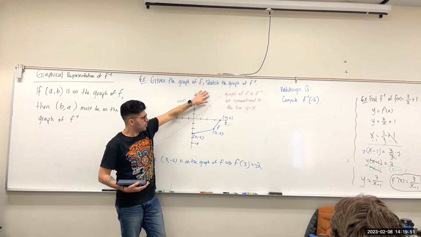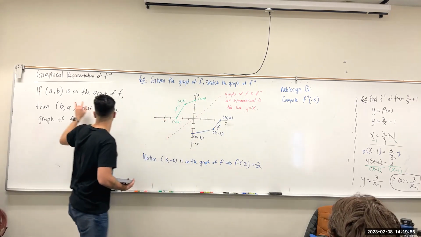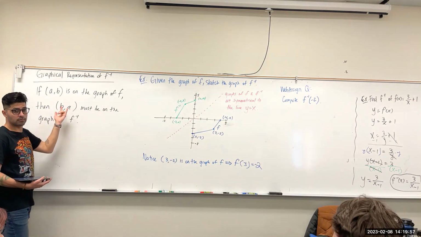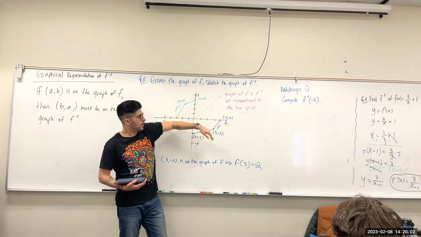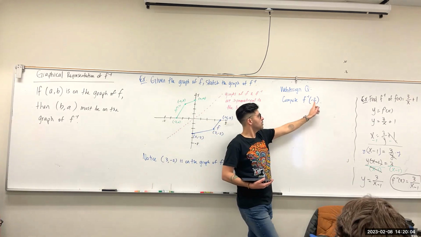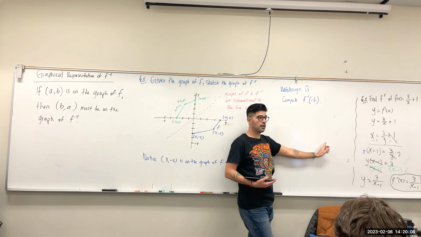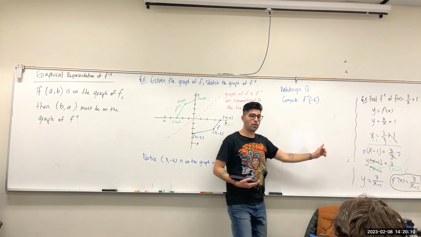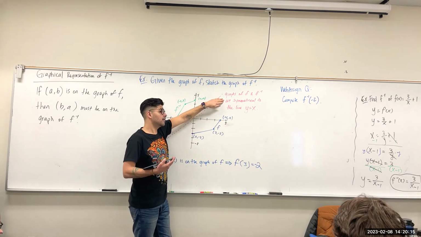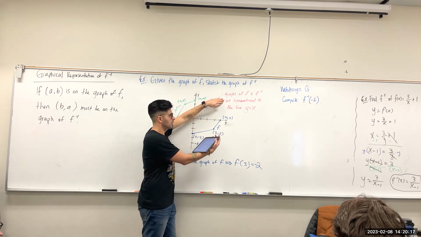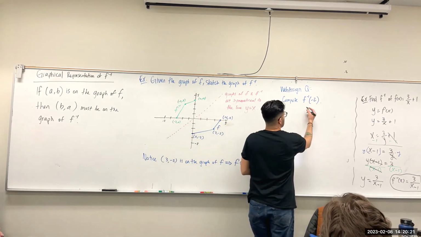So you want to use the fact that the x's and the y's swap. You're going to look at the graph of F and say, okay, here I'm using -2 as an input, but for F, -2 is really the output. What point does that correspond to on the graph? So here's the thinking behind this.